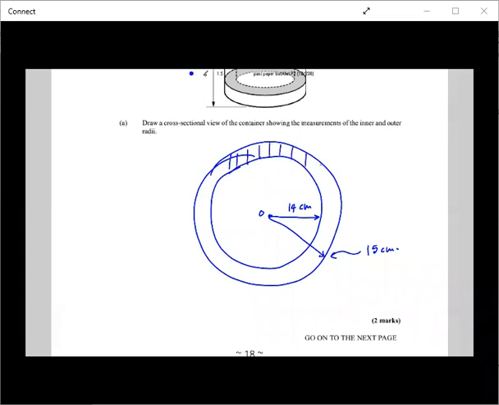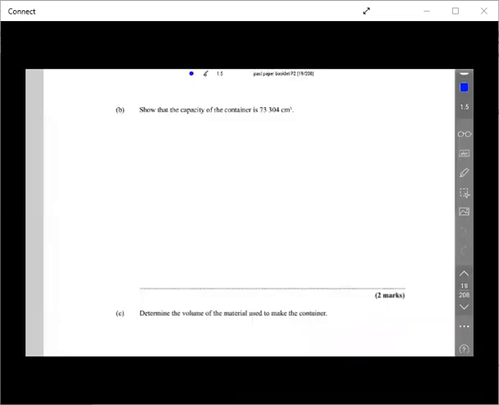Anybody? The cross section that you have, is it something looking like this? Anyway, this is what the examiner expects you to draw. Now let's have a look at the second part of the question.